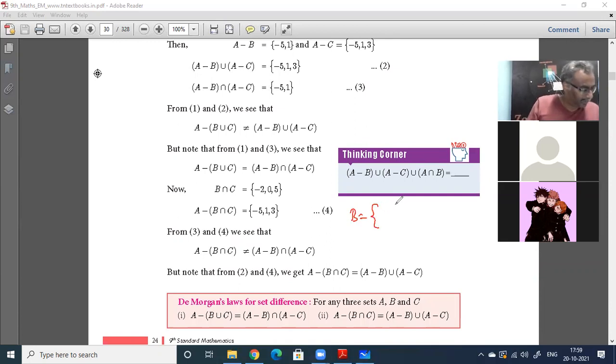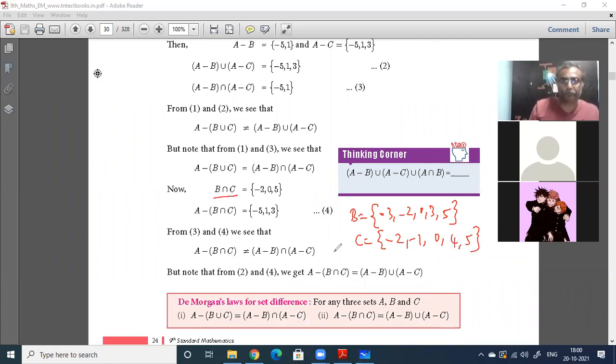B is minus 3, minus 2, 0, 3, 5, and C is minus 2, minus 1, 0, 4, and 5. What is common? Minus 2 is common, 0 is common, and 5 is common. So B intersection C is minus 2, 0, 5.